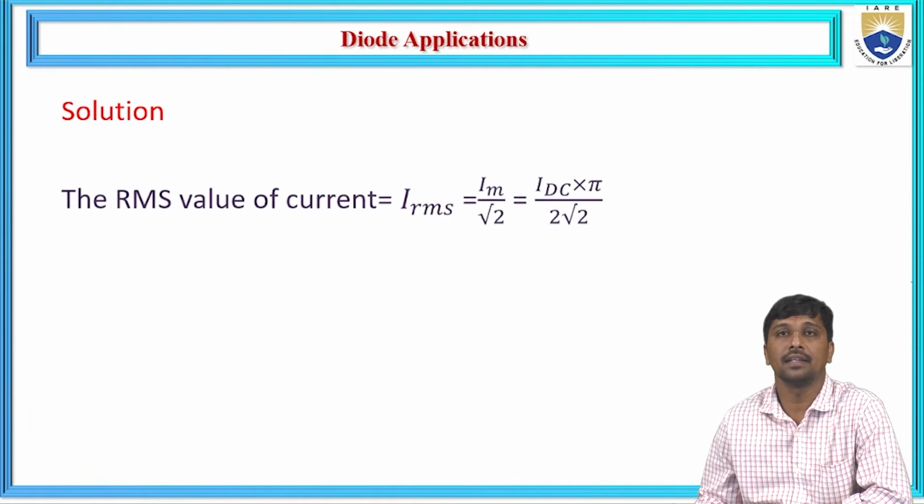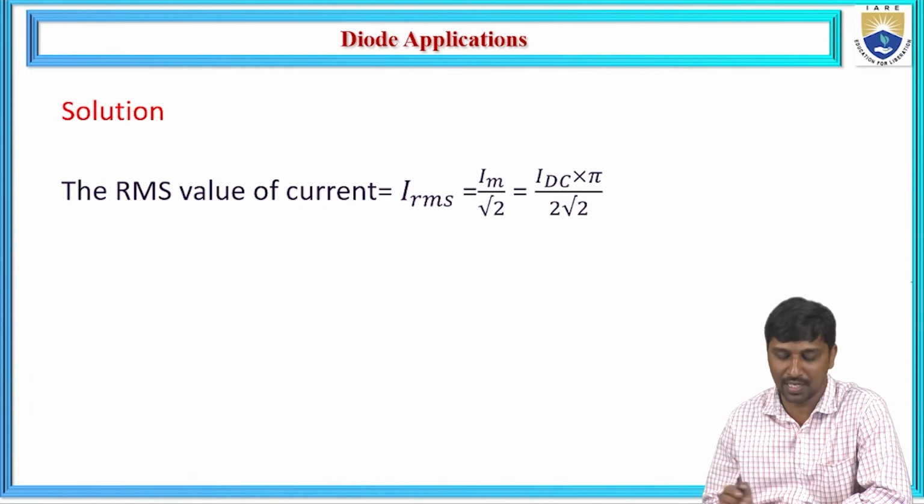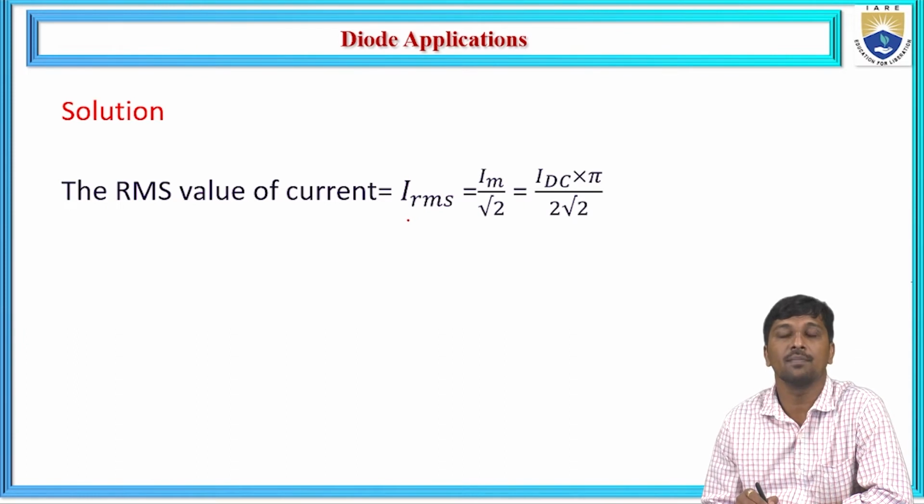Then we need to calculate the efficiency. To identify this efficiency, first we need to calculate the RMS value of current. For the full wave rectifier, the RMS current is represented as 1 by root 2 times Im. This Im value you can also write in terms of DC current, that is, Im is represented as pi times IDC by 2.